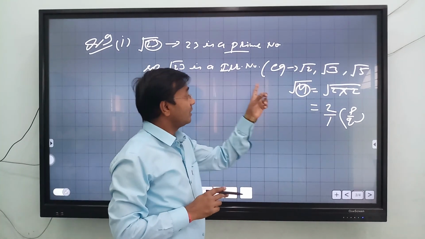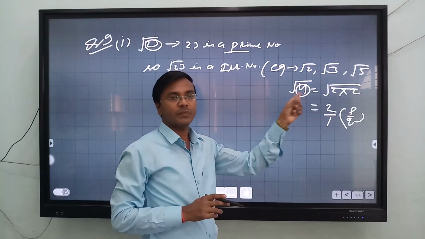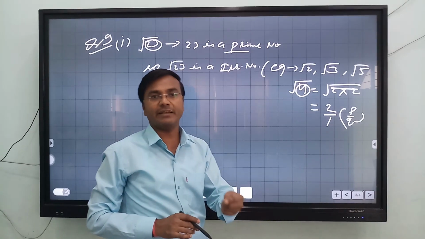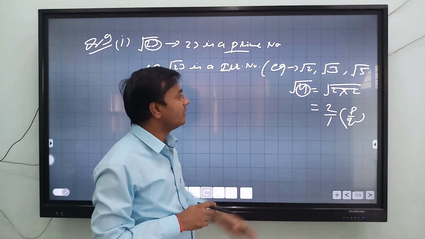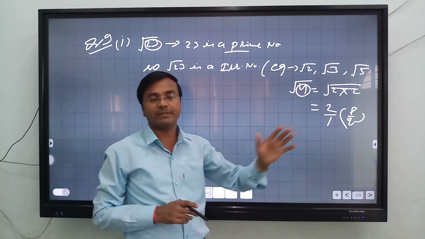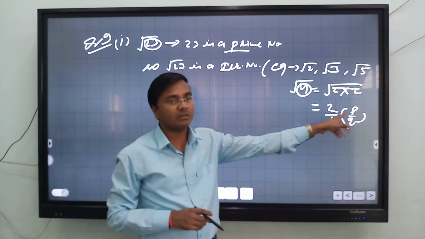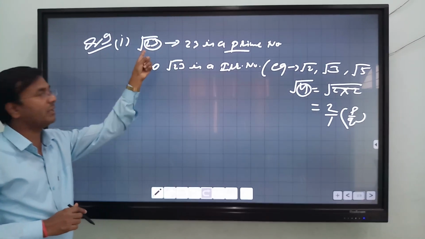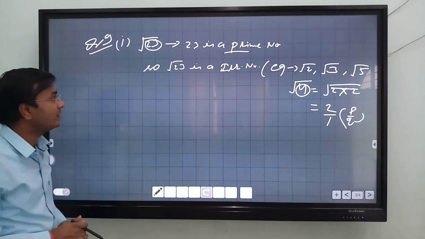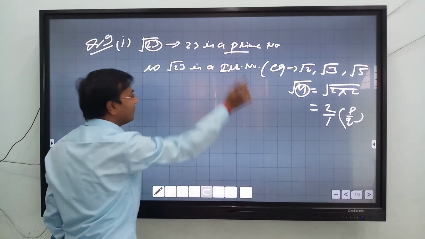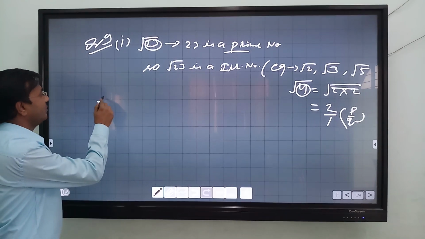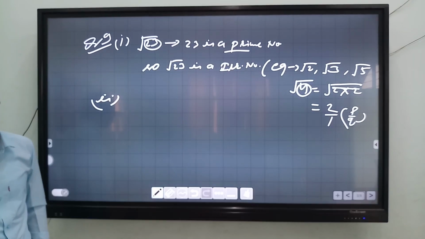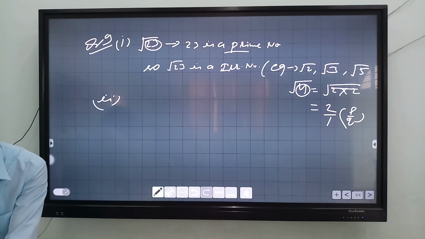It means if inside the square root any perfect square number is coming, like 4, 9, 25 and so on, then the number becomes rational. So 23 is not a perfect square number, it is a prime number, so that's why it is an irrational number. We have to justify the answer also. Do not write the answer straight away.